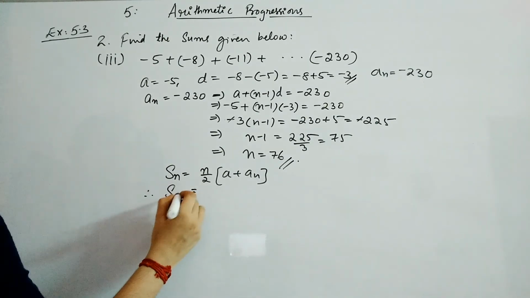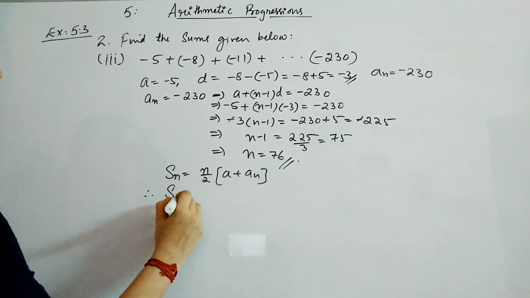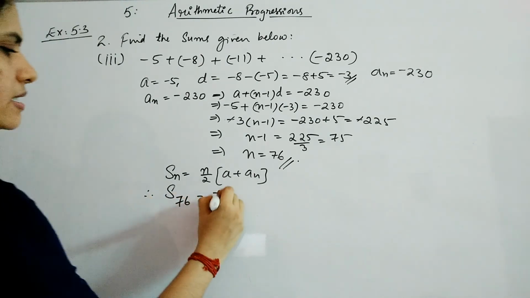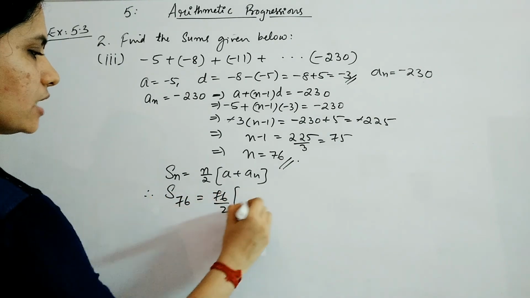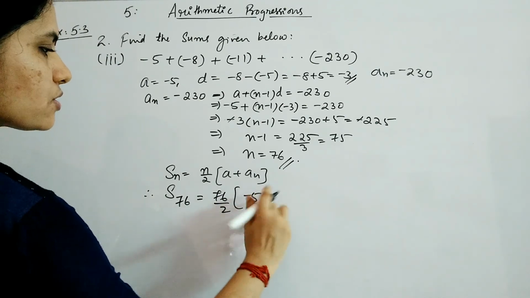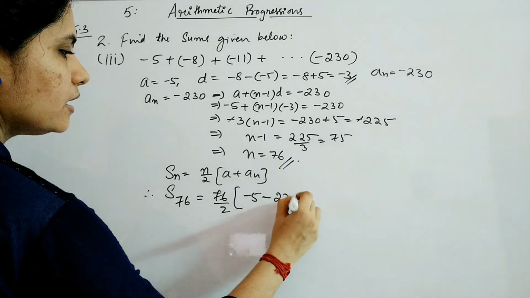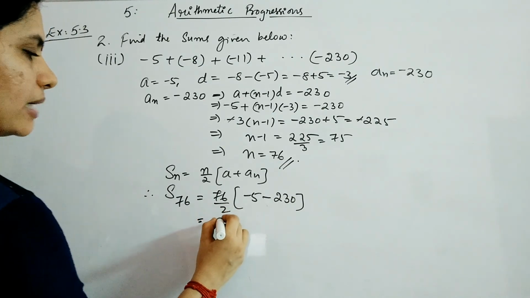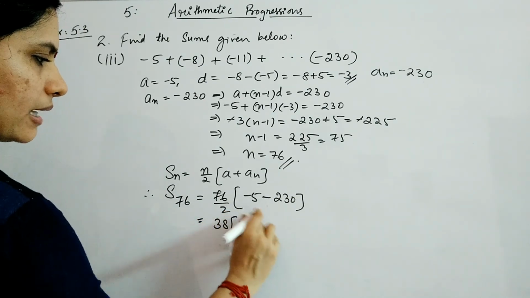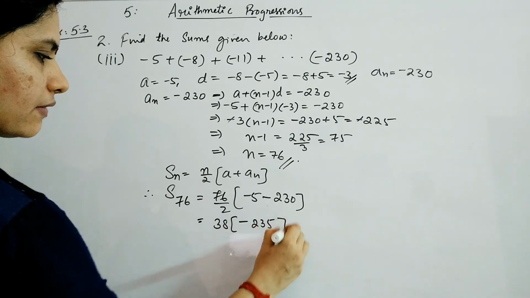And therefore S76 you need to find out, which is equal to 76 by 2 into A, which is minus 5, plus An is minus 230. So it will become minus 5 minus 230, and 76 by 2 is 38 into, this will become minus 235, right?